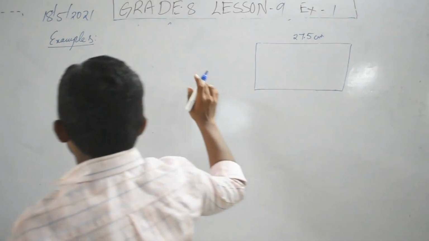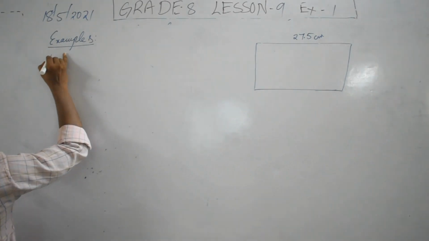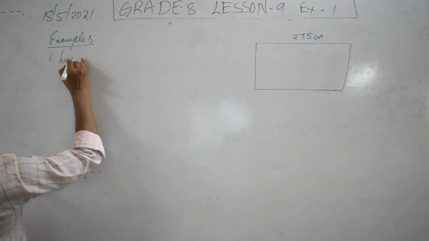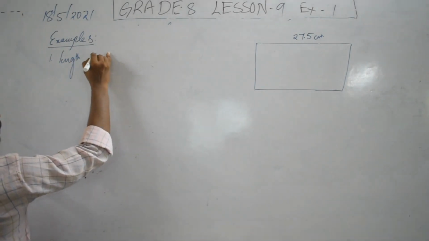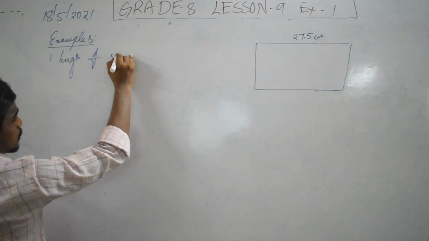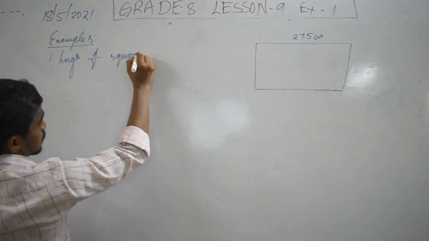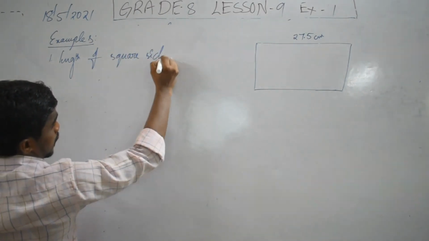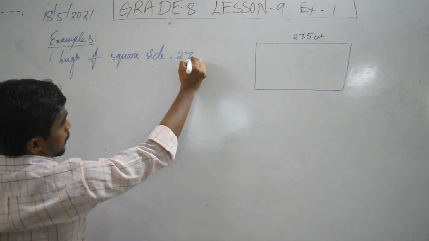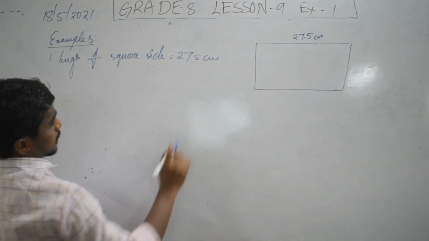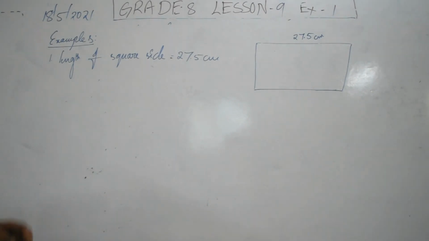Now here see, length of the square side, how much? 27.5 centimeters.